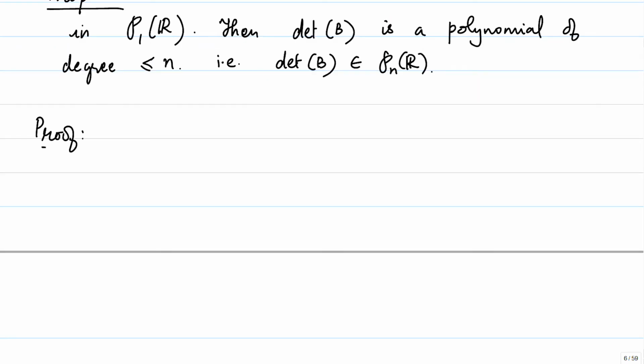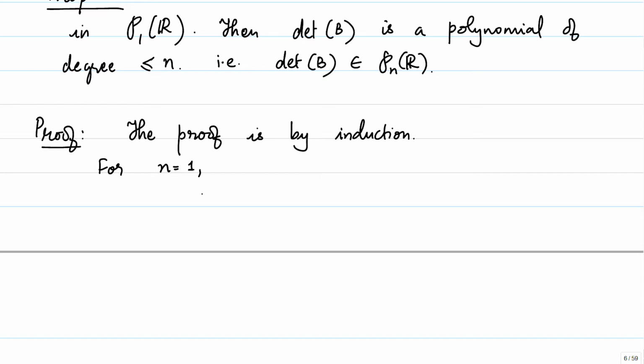Proof. The proof is by induction. So let's start the induction by looking at n equal to 1. For n equal to 1, what will our B be? B will be just a 1 cross 1 matrix.